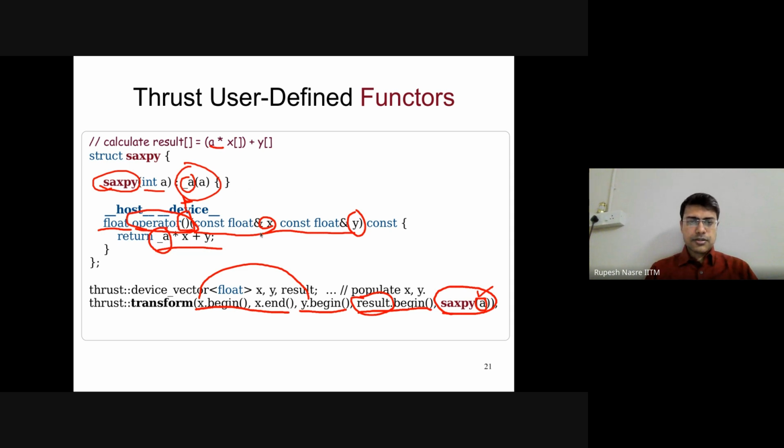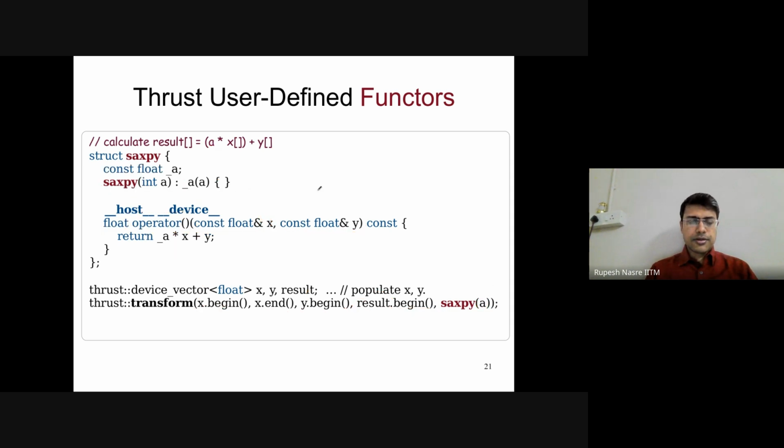And then I declare that as a constant float, which can be initialized in the constructor, although it is a constant. Okay, so this is all gimmick that we need to do to ensure that this particular functor can be applied on every pair of elements coming from these two vectors x and y, and write it into the result. But once we do that, then that can be utilized.